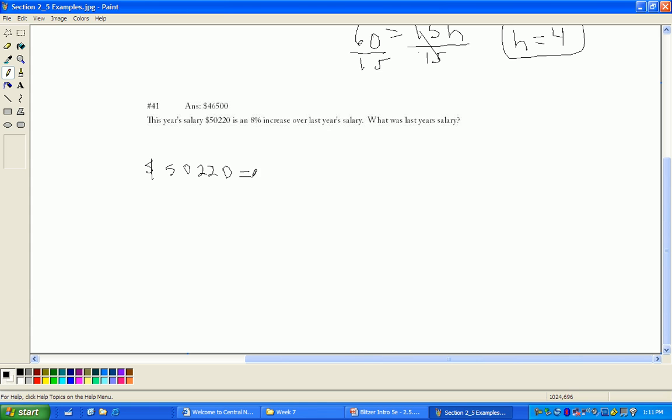This year's salary is going to be equal to last year's salary, which is x, plus the 8% increase, which is an 8% increase of last year's salary. We can't use percents when we solve problems, so we convert 8% to a decimal by moving the decimal 2 places to the left. That turns out to be 0.08.